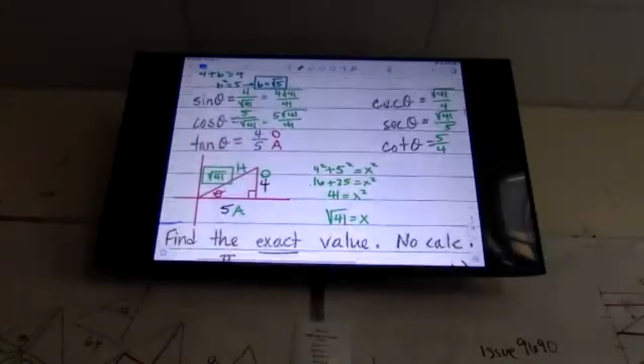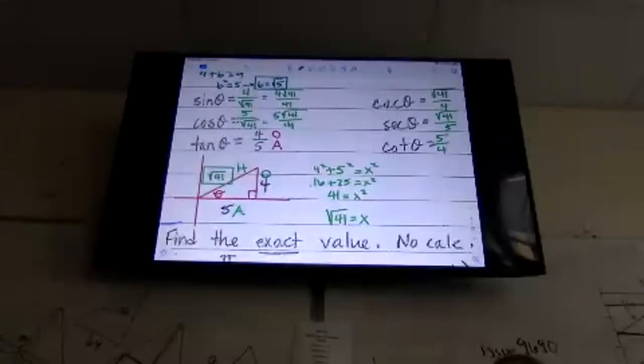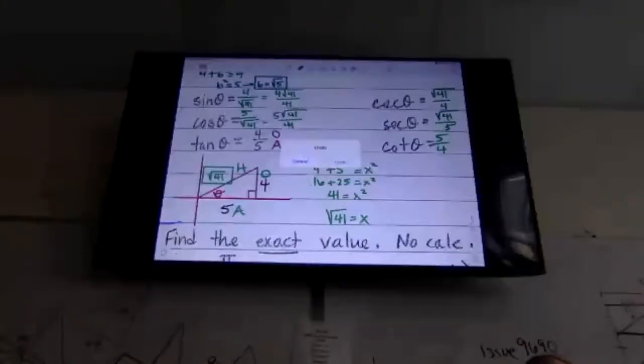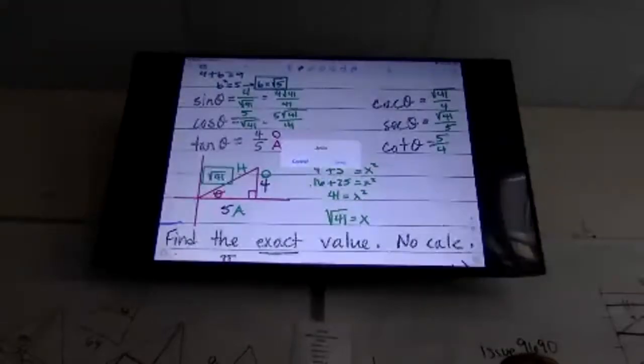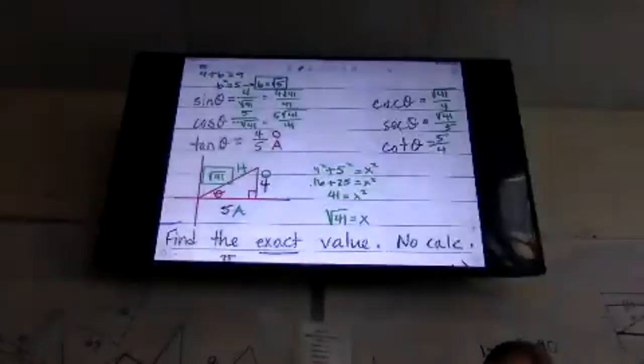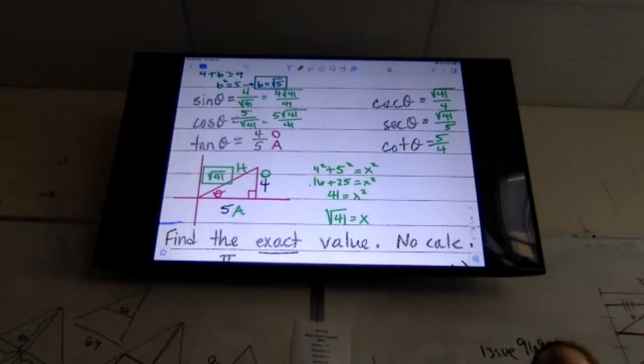All right, here's my work. Double check it. All right, questions, concerns? Once you have that done, you can actually put your notes away for today.